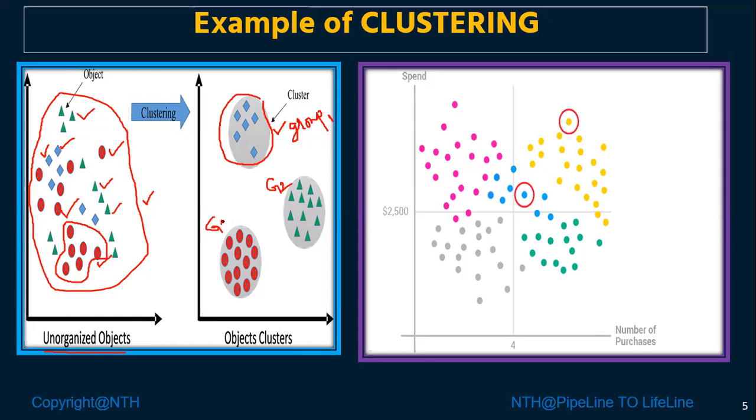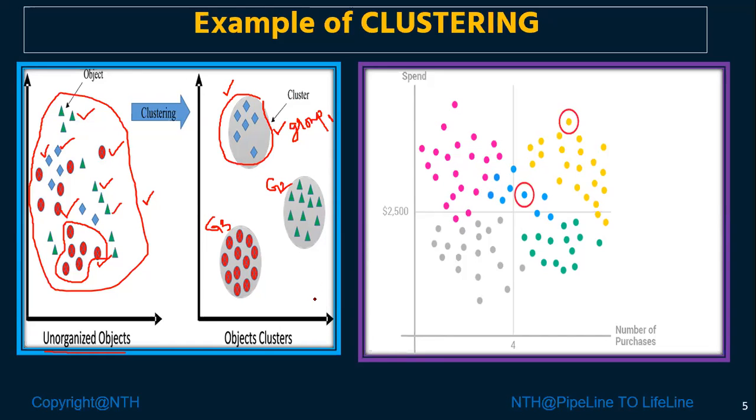Based on what factor have they clustered these groups? Based on the distance, I can say. Now logically they are categorized. Automatically certain information will be gathered about this region, and a lot of analysis can take place.